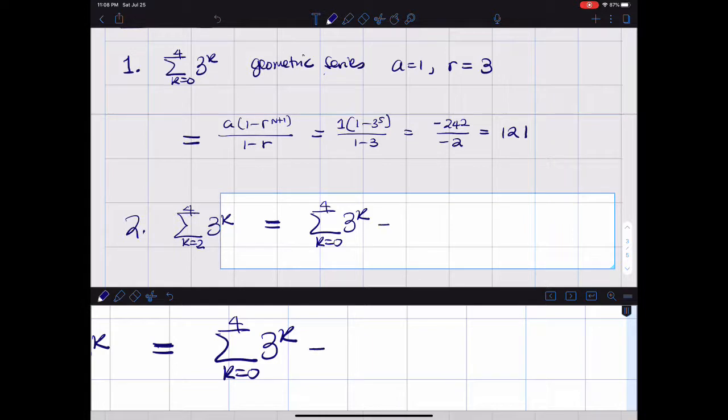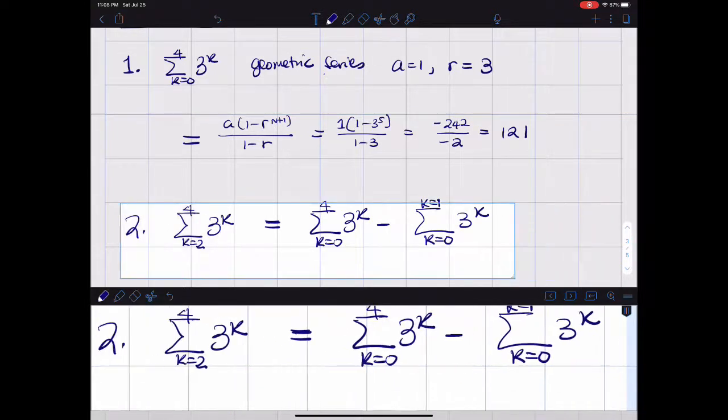And then we're going to subtract the 0th term. We're going to subtract the first term, right? So we're going to subtract k is 0 all the way to k equals 1.